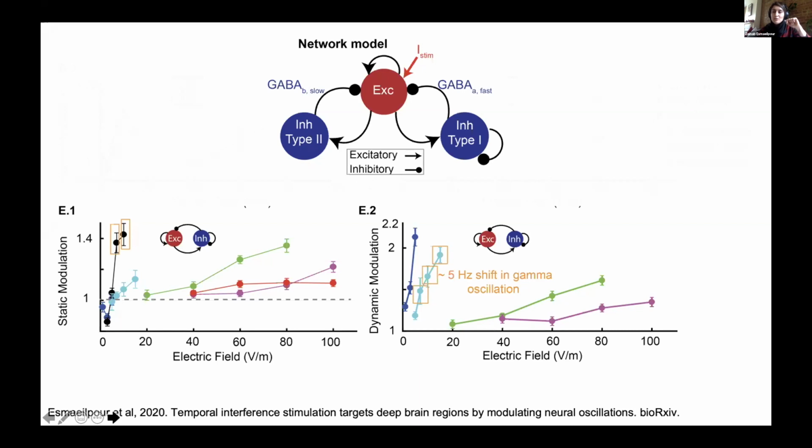That's why in amplitude modulation, at the time that we don't have any electric field, the power of gamma doesn't go back to baseline, but it is suppressed. Even at the end of the stimulation, when the stimulation is terminated, the same thing happens. So we incorporated GABA B as a homeostatic mechanism that has a higher threshold, so that whenever the system is getting super active, with a delay, it starts activating and suppresses the whole system to bring it back to normal.